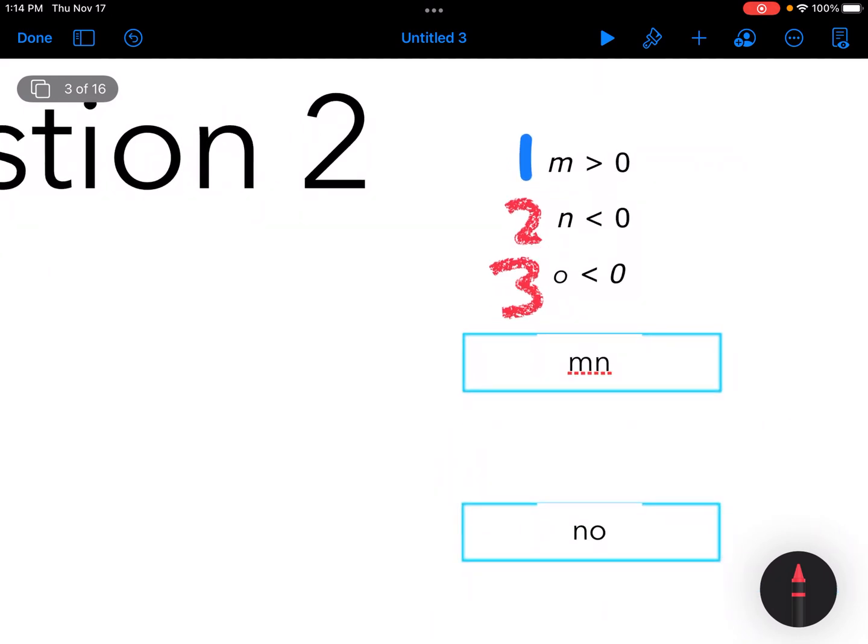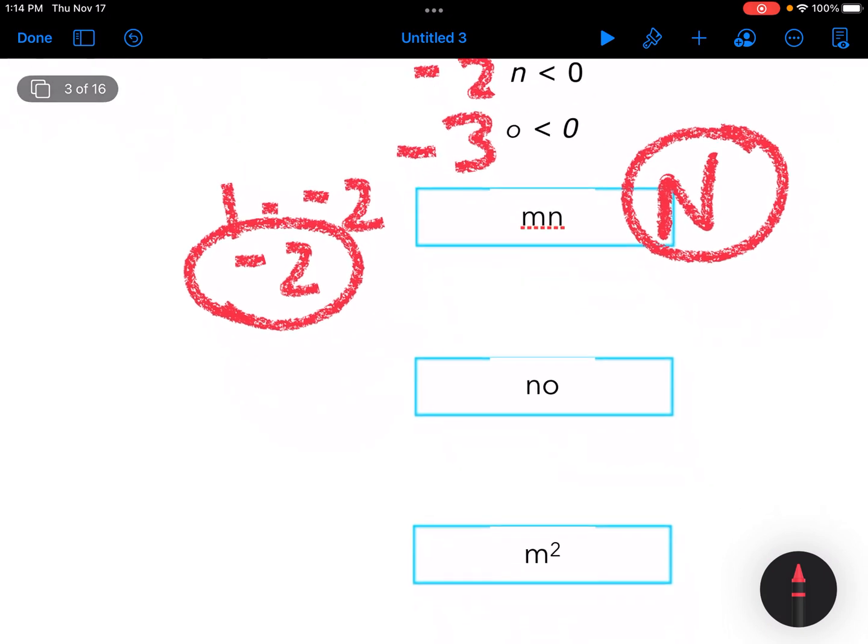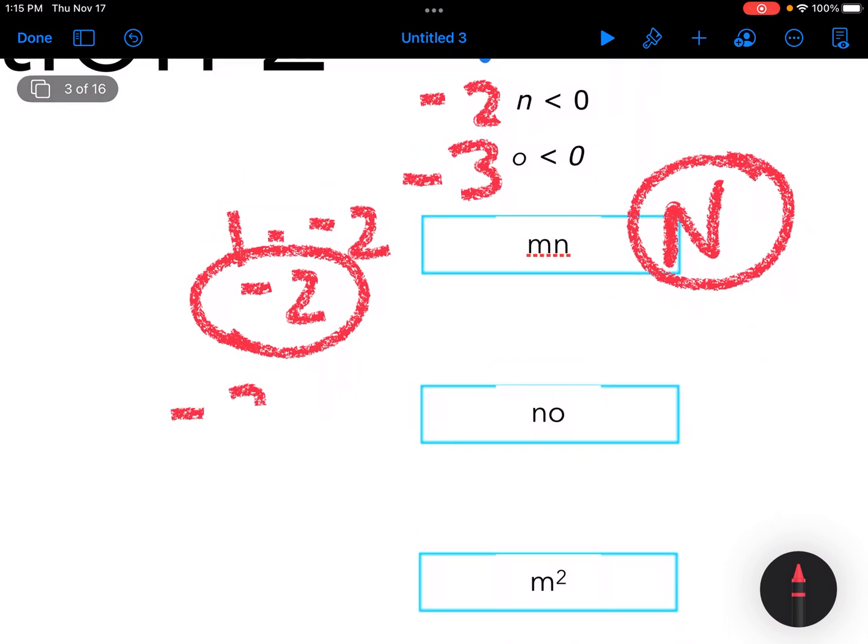So since it's less than 0, it's going to have to be -3 and -2. So M times N. So 1 times -2 is going to give me a negative response because it's going to be -2. N times O, so that would be -2 times -3.